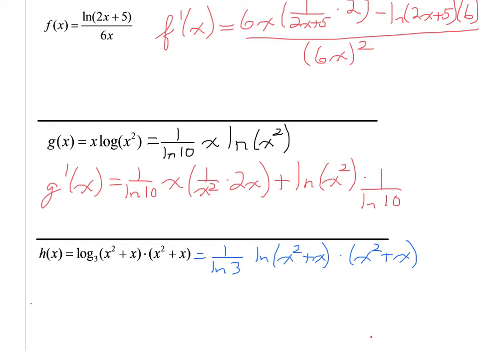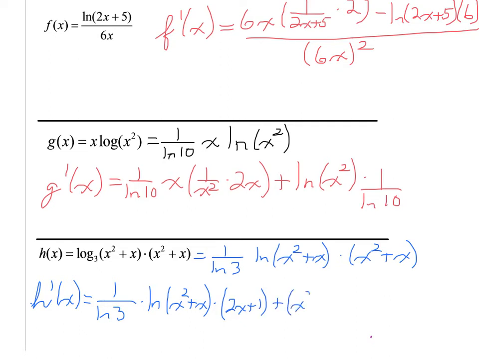So h prime of x is going to be first times the derivative of the second plus second times the derivative of the first, which will be, there's my constant, 1 over what I'm taking the natural log of, times the derivative of the inside.